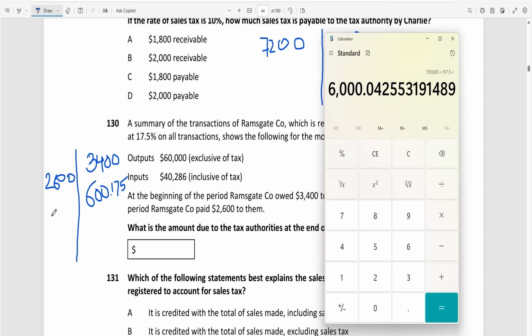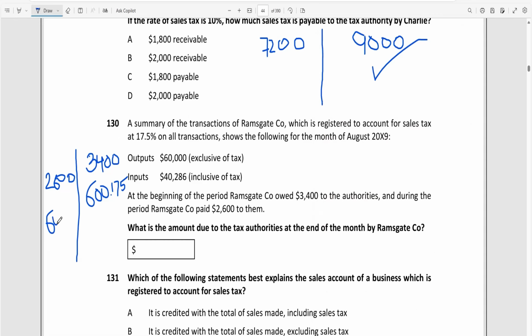So this gives me 6,000, and this will reduce the tax liability. If we total this side, it will give 4,000. One, 7, 5. Right, and if we total the credit side, it will give 8,600. So this time debit is more than the credit. So how much balance is due?